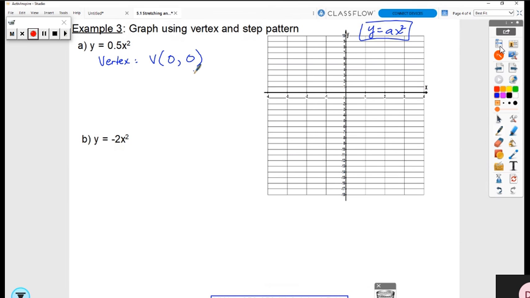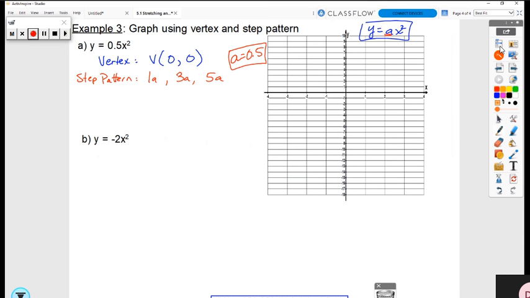Now the step pattern, we know, is 1 times something, 3 times something, 5 times something. What is our A value here? If this quadratic's in y equals ax squared, what's our a value? It's 0.5. So I'm going to write that. Okay, a is 0.5. I'm going to keep that information close.